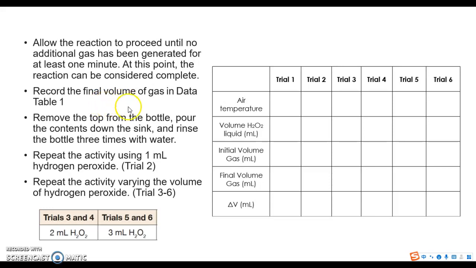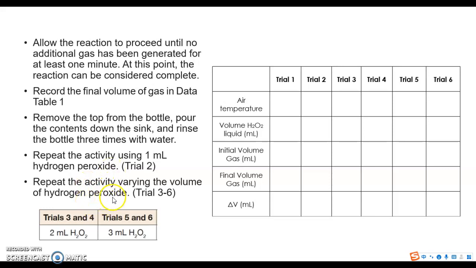After the reaction is done, you can remove the top stopper from the bottle. Pour the contents down the sink and rinse the bottle 3 times with water to remove any residue. And then repeat these steps using 1 ml hydrogen peroxide again.